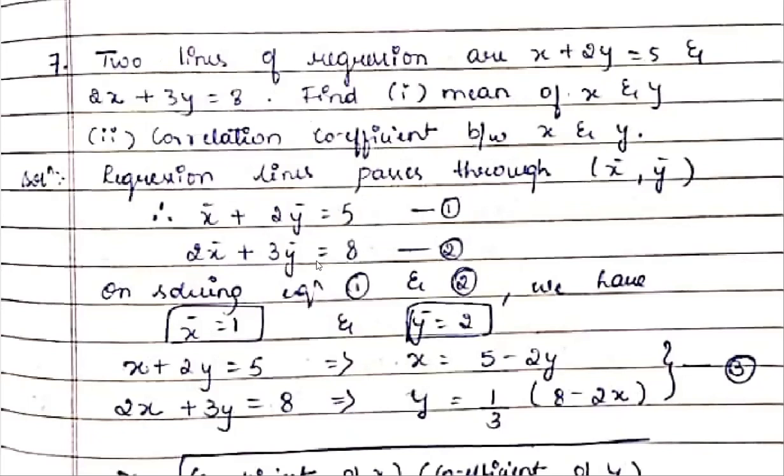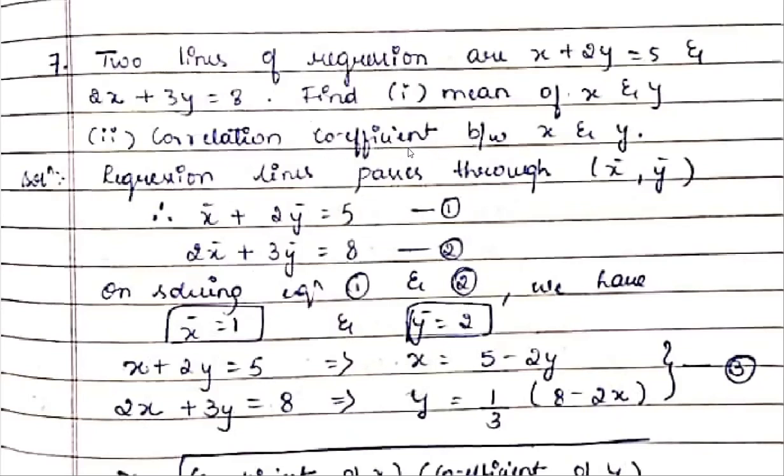So once you substitute, they are simultaneous equations. Solve using your calculator and find out the values of the variables. You have to go to equation mode and enter all the coefficients the way I taught in the first problem, and find x bar and y bar. So x bar will be displayed on the calculator as 1 and y bar as 2. So we are done with the first subdivision.